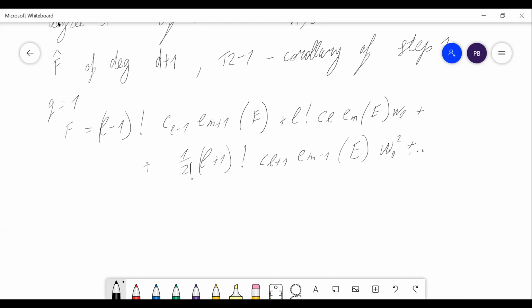So we are not forbidden to choose our sequence C such that C_e equals 0, except for two e's. Then f is just the degree n plus 1 elementary symmetric polynomial.